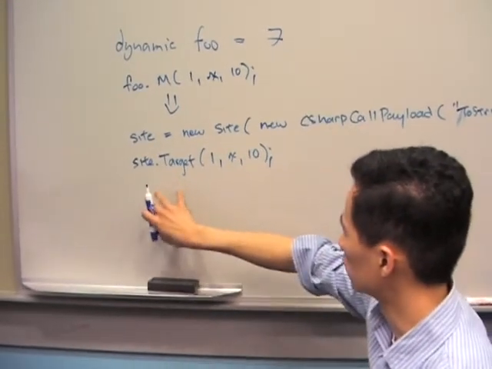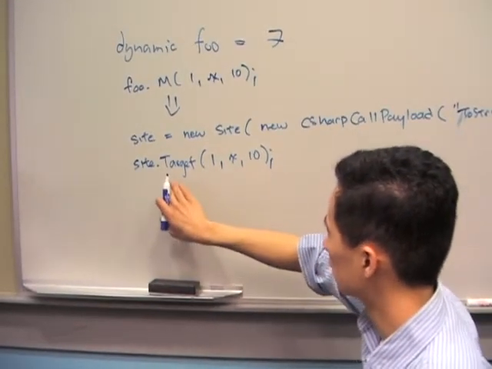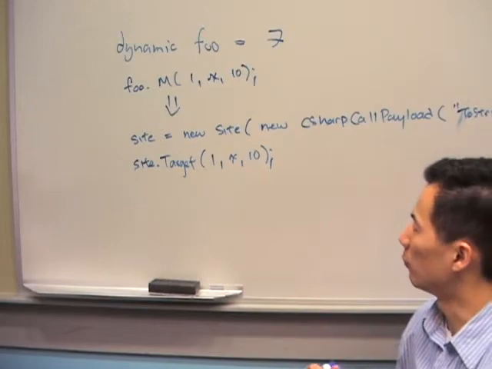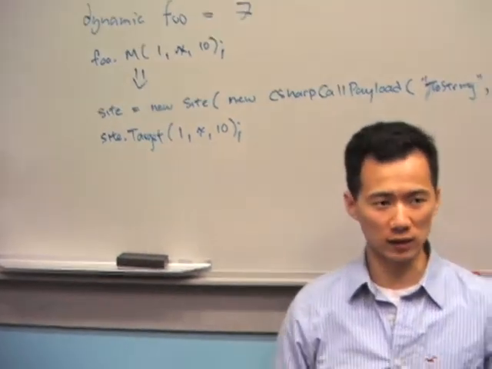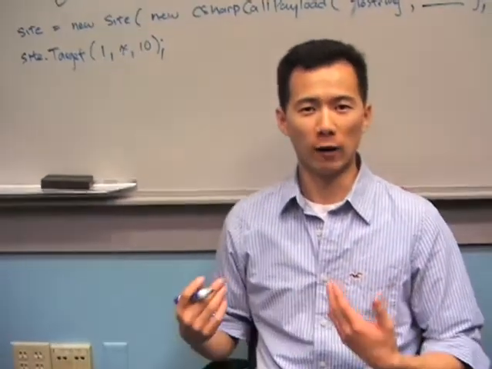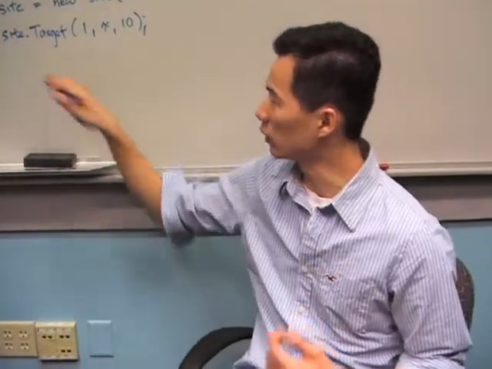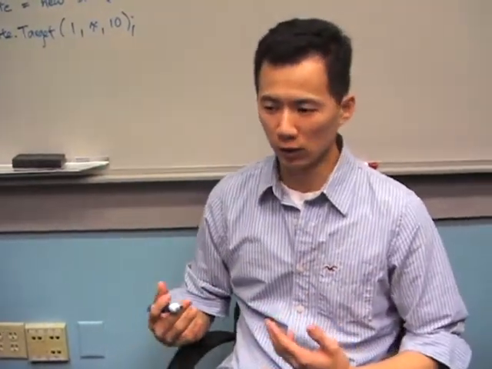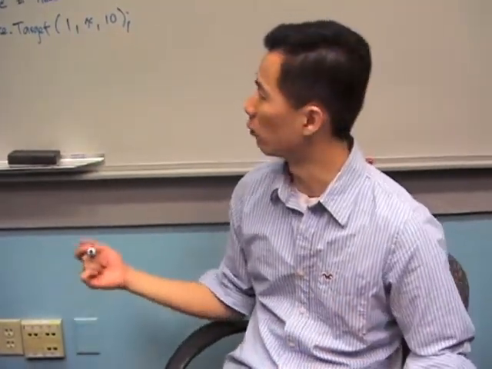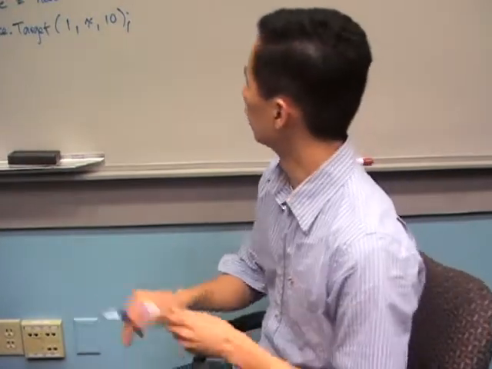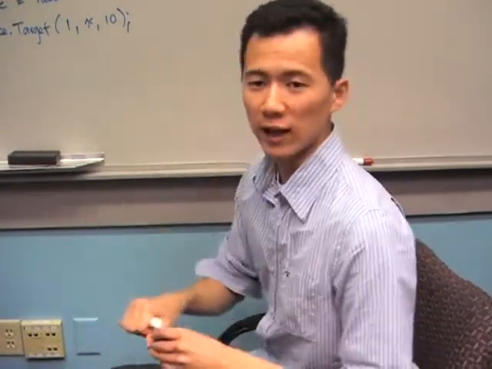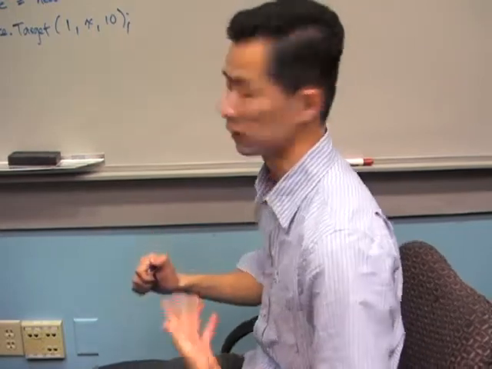Now, underneath the covers, the DLR generates this target delegate. The DLR basically provides a set of caching rules for us. When we invoke this delegate, it will do cache checks on whether or not we can bind this thing. The simplest cache check is just type equivalence.